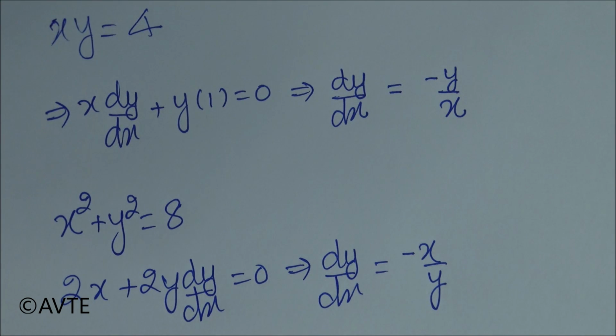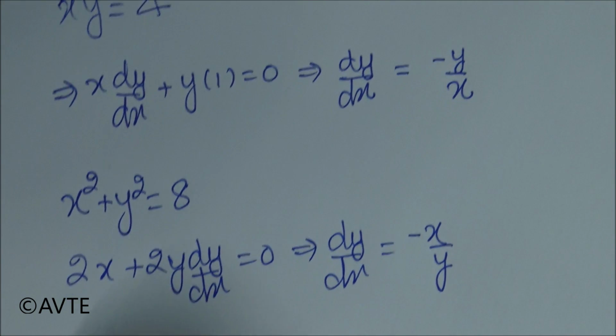One way, which is not good for CBSE, is to convince the examiner that they are intersecting when x equals y, so they would have the same slope, whatever the common point is. But for CBSE, you need to actually show that.